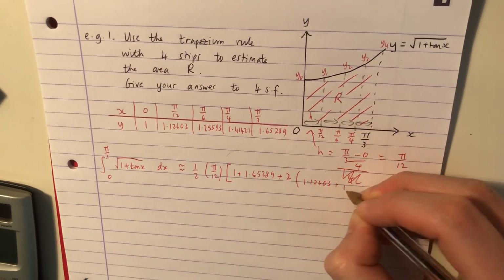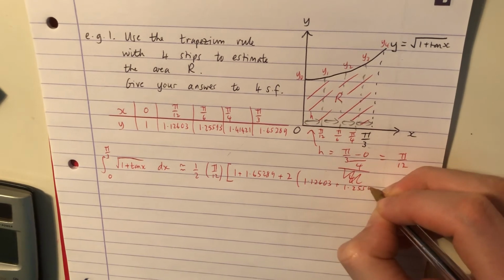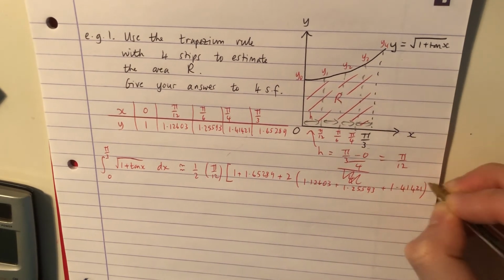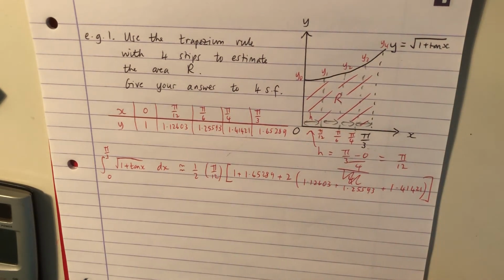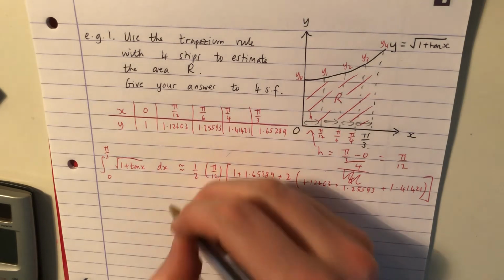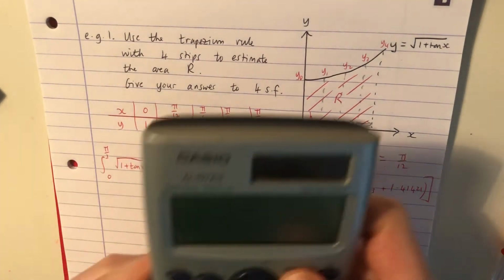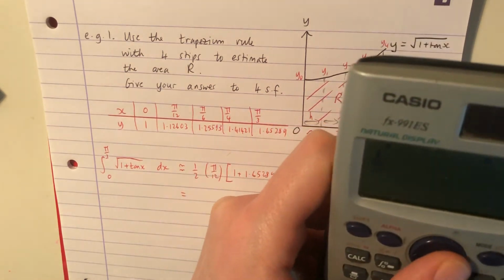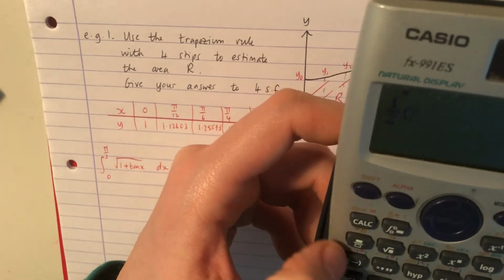So 1.12603 plus 1.25593 plus 1.41421. Close that off, and then you type that into your calculator and round it to 4SF. There's not a shortcut to this, you do just have to type it in.